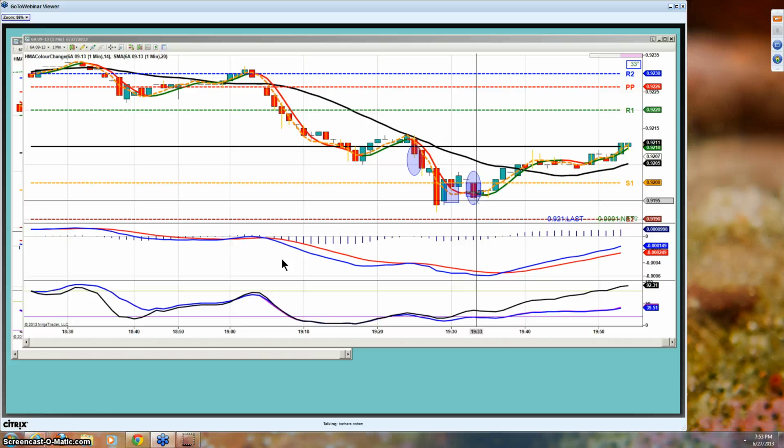To go long, does the candle need to be green, or can it be red? No, to go long, the candle has to be green. Remember, the candle has to be the right color for the entry. You never want to enter on the wrong color candle because that's where the HFTs get you.